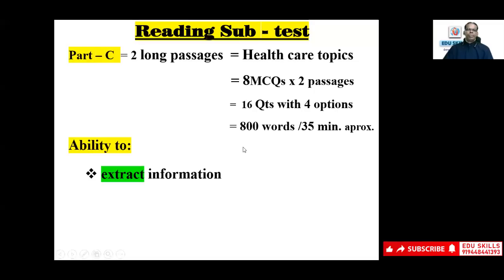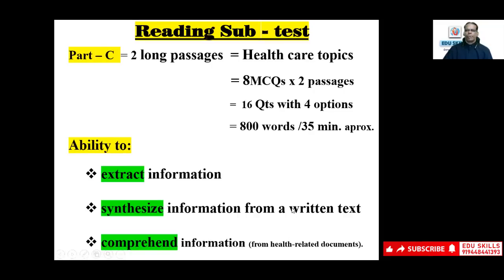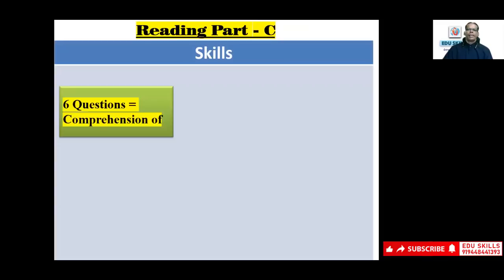This part tests your ability to extract the important information from a paragraph, synthesize information, and comprehend information from health-related documents. How far you are able to extract, synthesize, comprehend and understand the information given in a text.